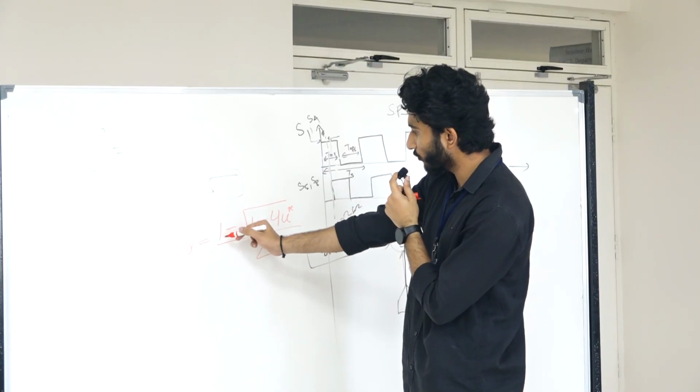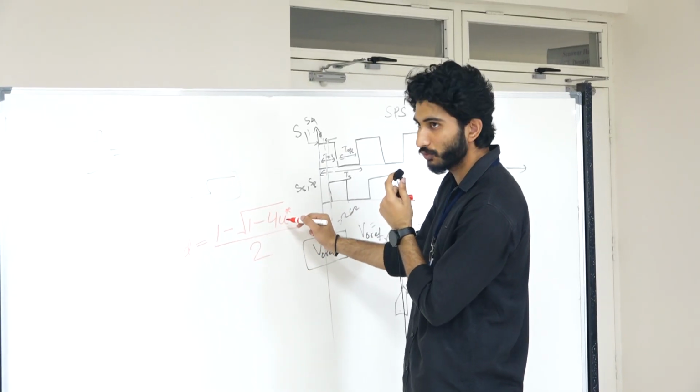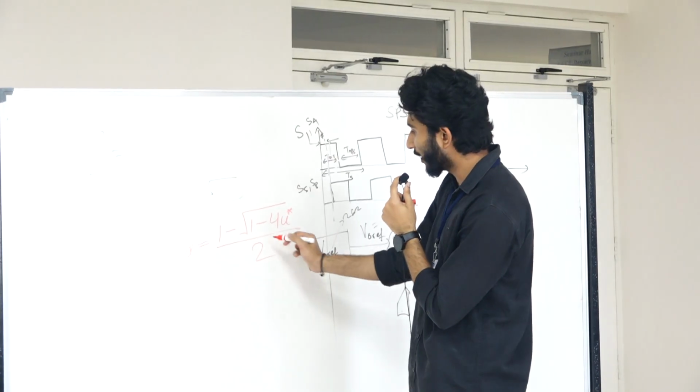So D is equal to 1 minus square root of 1 minus 4u, divided by 2.